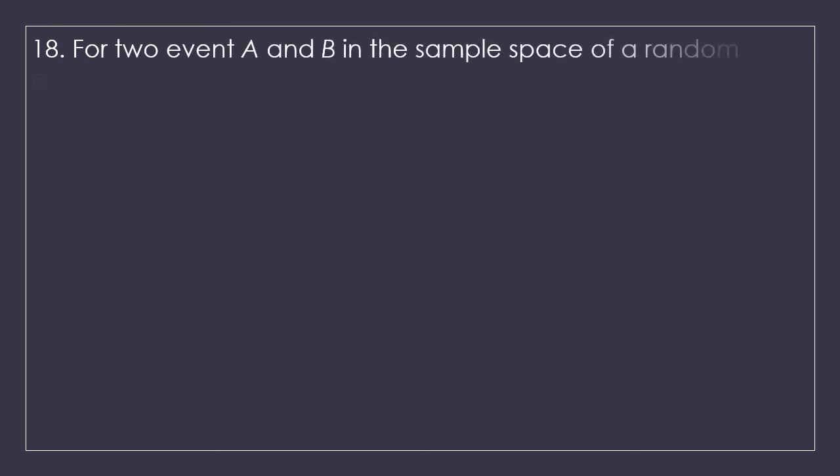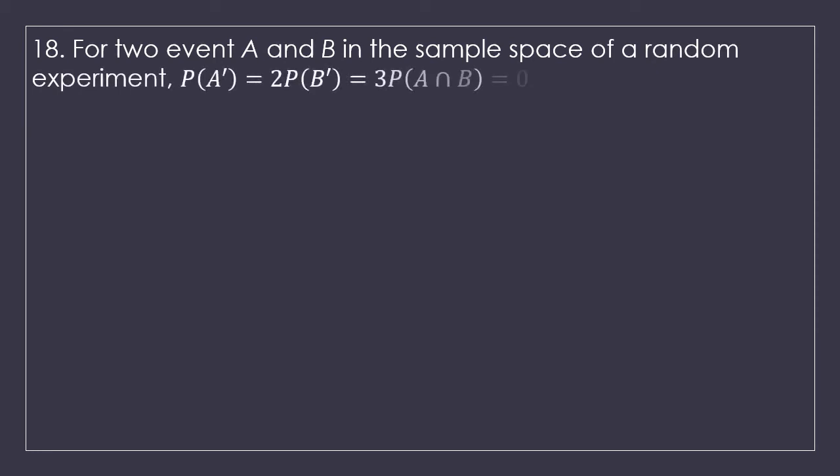This is the last question for exercise 1.2, which has been going on for almost 3 tutorials now. We have P(A dash) equal to 2 times P(B dash), which is again equal to 3 times P(A intersection B), which is equal to 0.6.